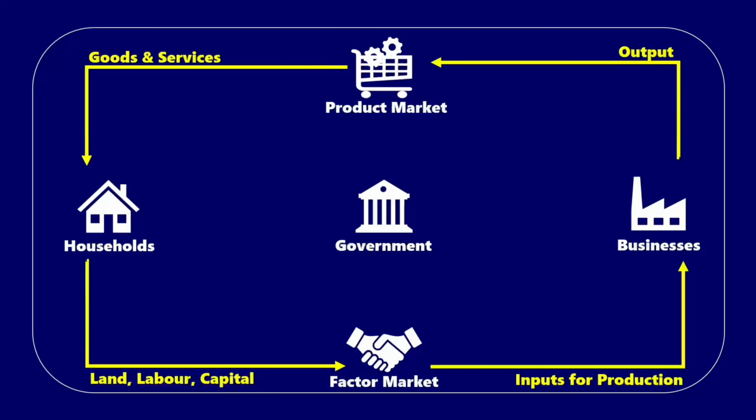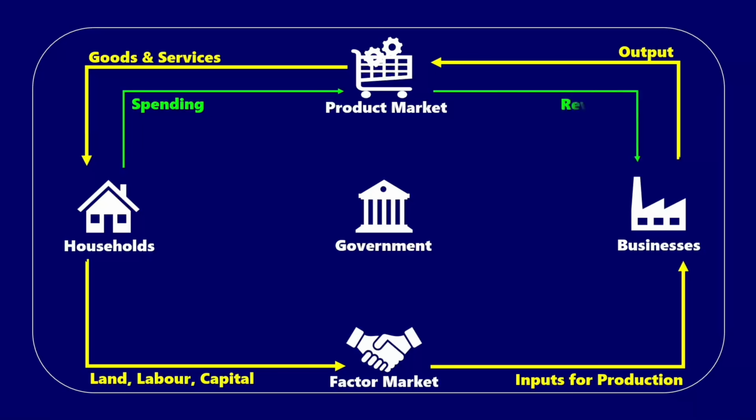In the factor market, households provide the inputs businesses need, like land, labor, and capital. And businesses use those inputs to produce output, which gets sold in the product market as goods and services. Then those goods and services flow back into the households. So the yellow arrows are basically inputs go to businesses and finished products come back to people.